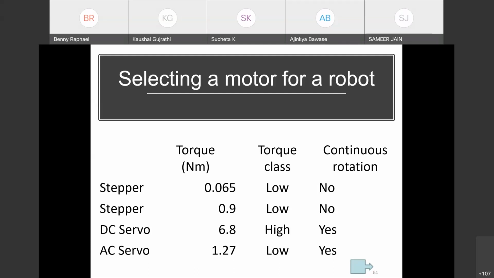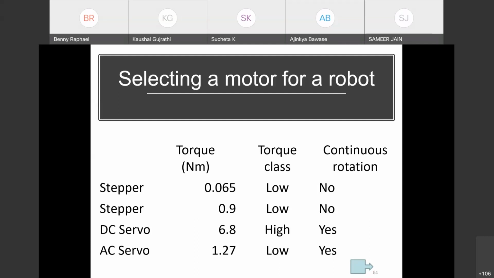And then another variable is whether it is capable of rotating continuously, or it can rotate only by a specific angle. So we have two variables. Ignore the actual torque value, just use only the torque class and whether it is able to rotate continuously or not.